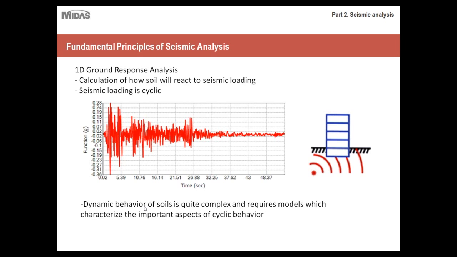The dynamic behavior of soils is quite complex and fairly unpredictable as well, because no two earthquakes are exactly the same. So they require very complex models which characterize the important aspects of cyclic behavior. Within a couple of seconds, there will be negative and positive forces acting upon the foundation within a very short period of time.